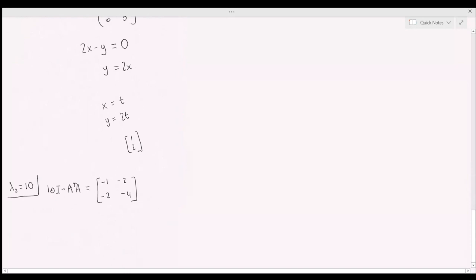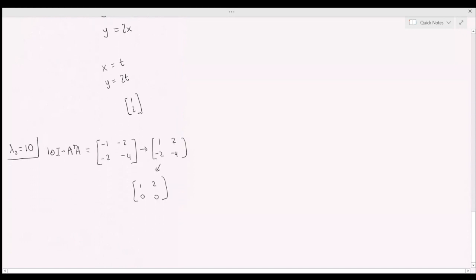So let's say if we did some row operations real quick. Let's say multiply row 1 by -1. And then row 2 plus 2 of row 1. Okay. So then from that, we get the equation 1x plus 2y equals 0.